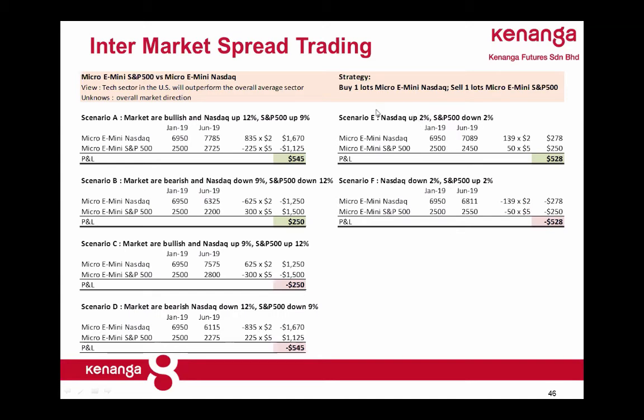Nasdaq up 2% and S&P 500 down 2% will also result in a profit. The last one will be the most undesirable result: Nasdaq goes against you and S&P 500 also goes against the trade, so you result in a loss of 528.